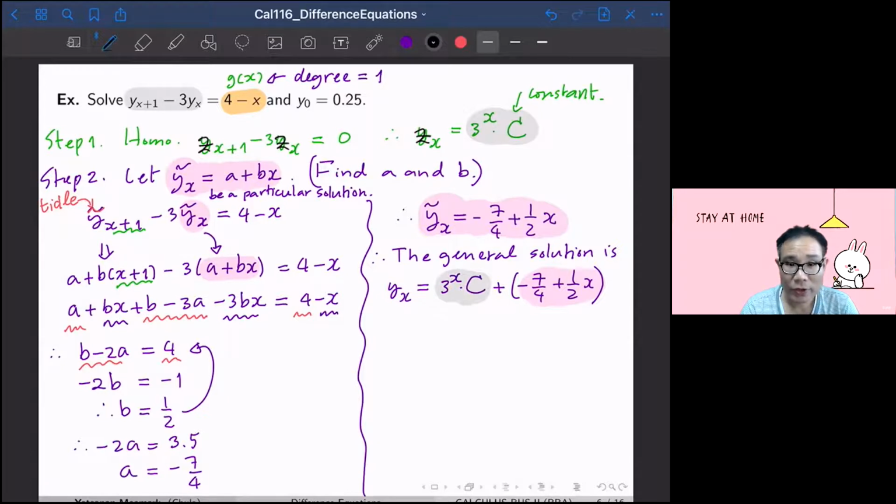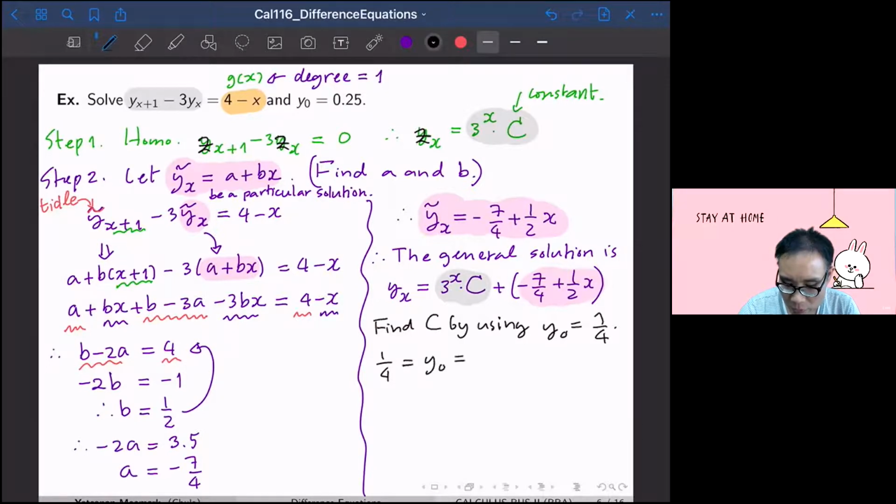The next thing is you're going to find C by using y(0) equal to 1/4. So we're going to put in y(0), so it's going to be 1/4 equal to y(0) equal to C plus negative 7 over 4.